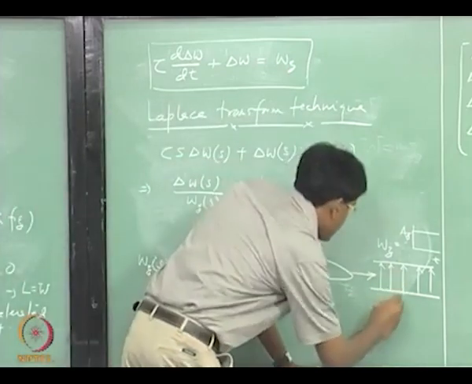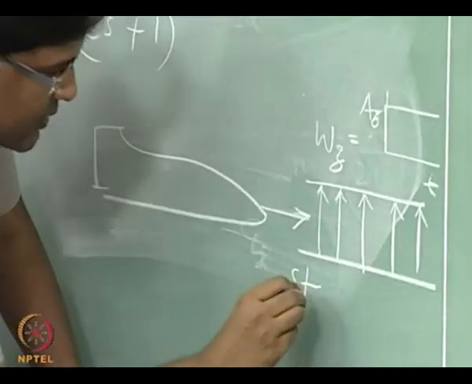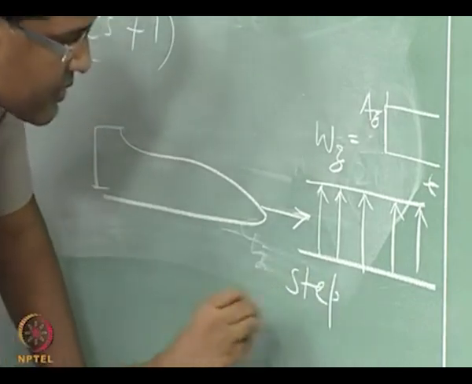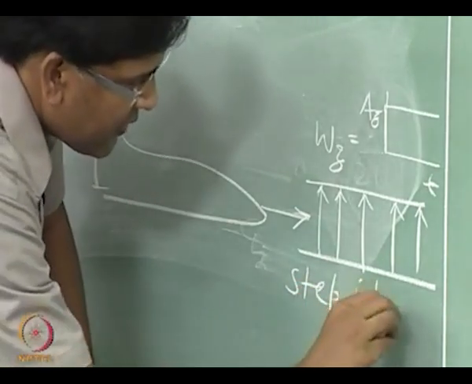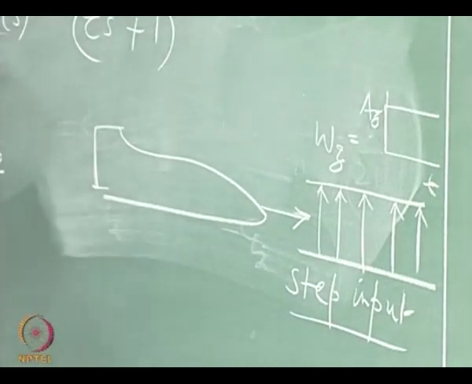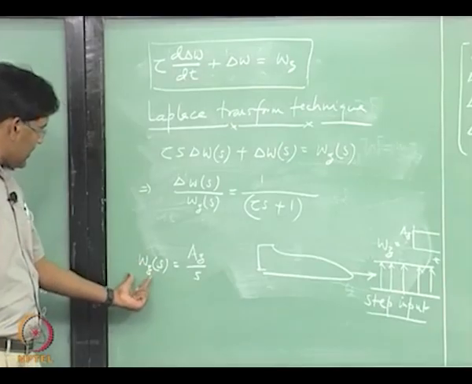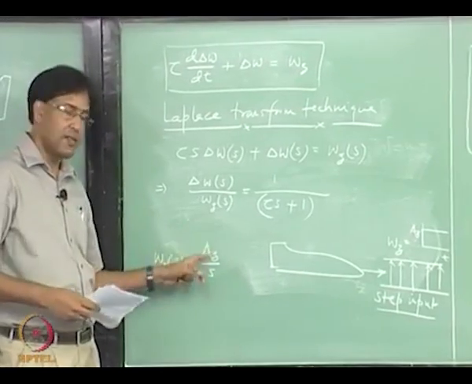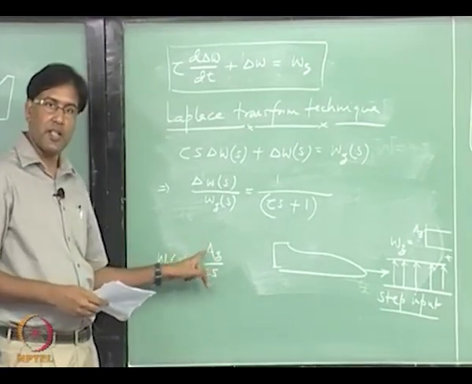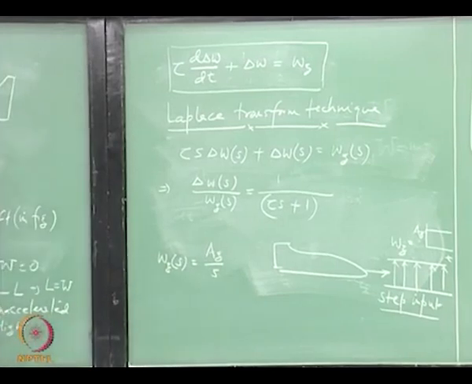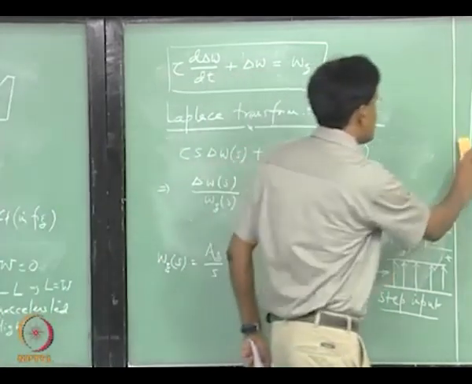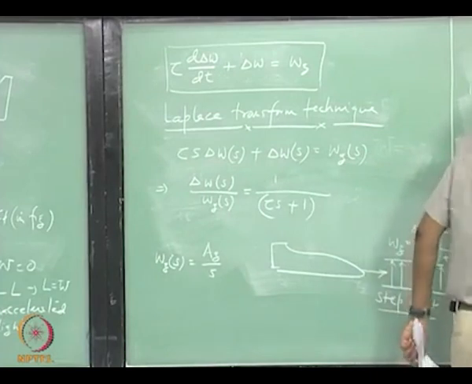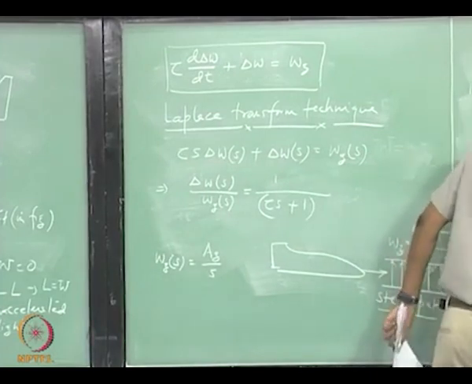So this is a step, or so vertical gust uniform, it's just going to look like a step input, and unit step input, if you take the Laplace transform of that, it is 1 over s multiplied by this amplitude. Now let us try to solve that equation, write it in time domain.